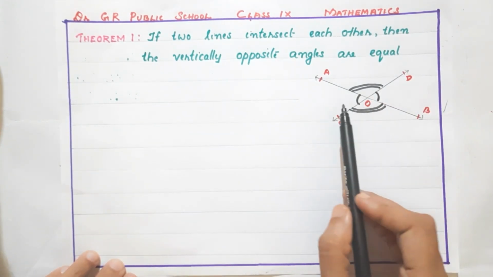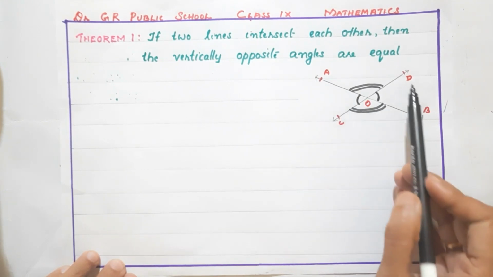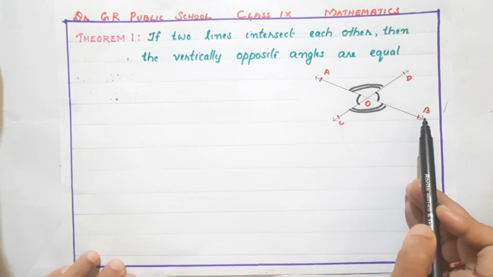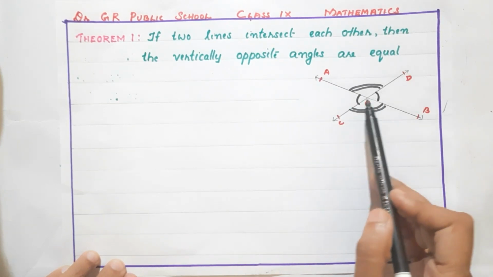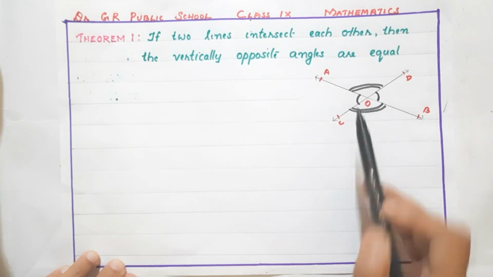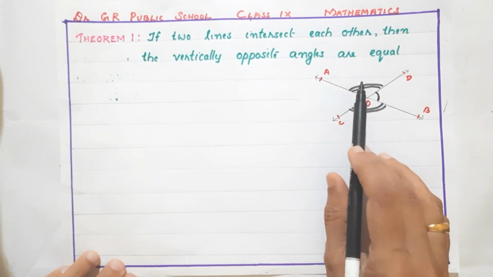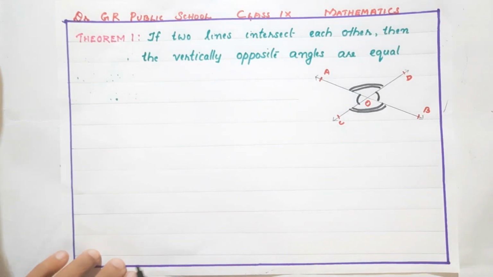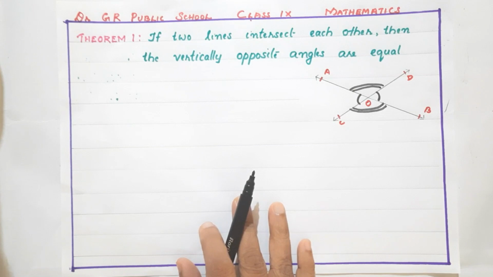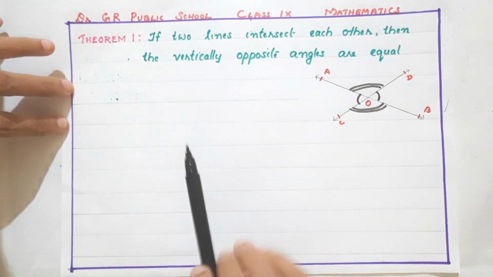Now we have to prove they are equal. That means we have to prove angle AOC is equal to angle DOB and AOD is equal to COB. So that is our aim to prove.